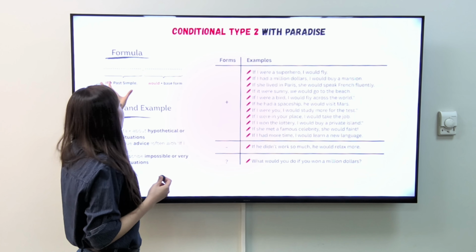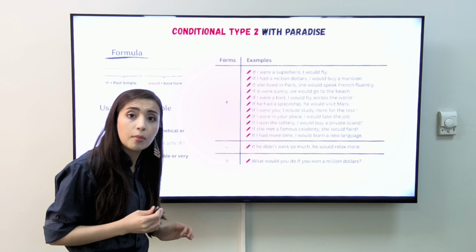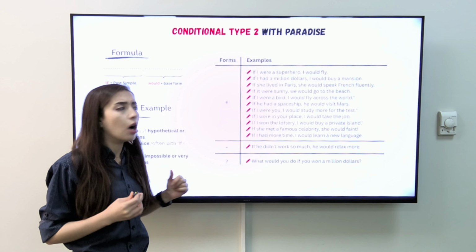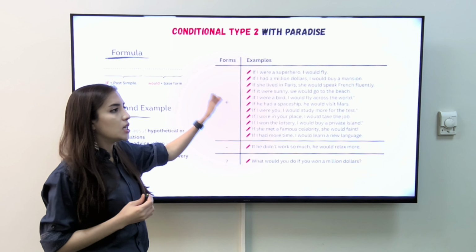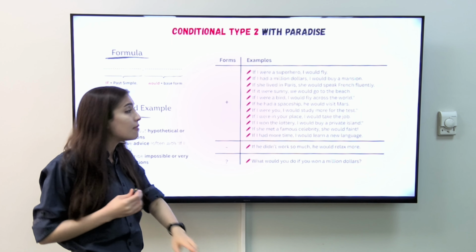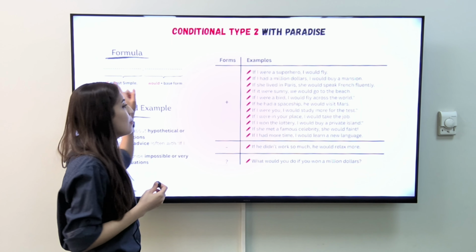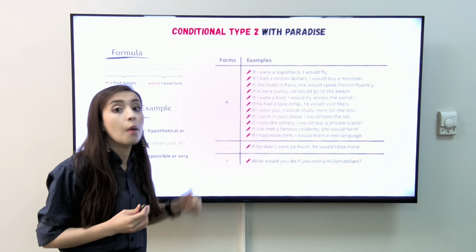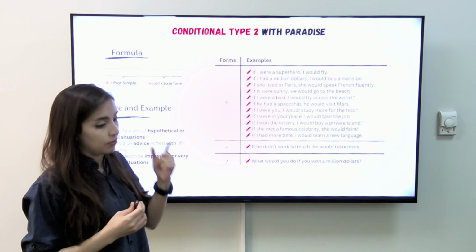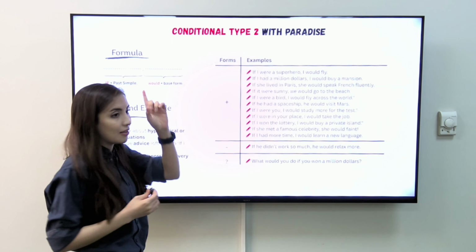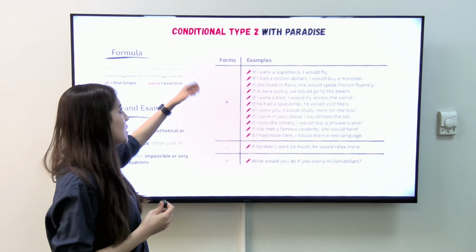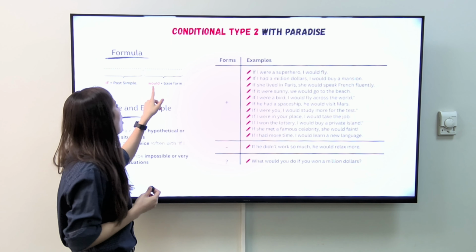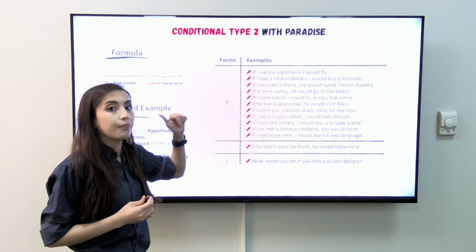So, if plus past simple. Remember, in the previous two videos, conditional type 0 and type 1, both of them were if plus simple present. But this one is past simple. So, number one, this is the first difference between this one and the previous two. Then would plus base form.